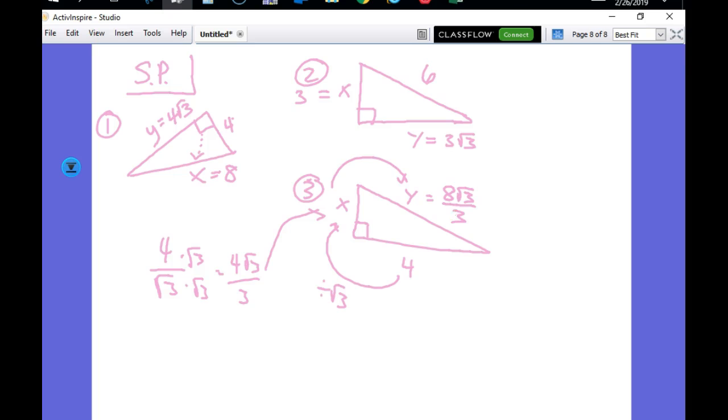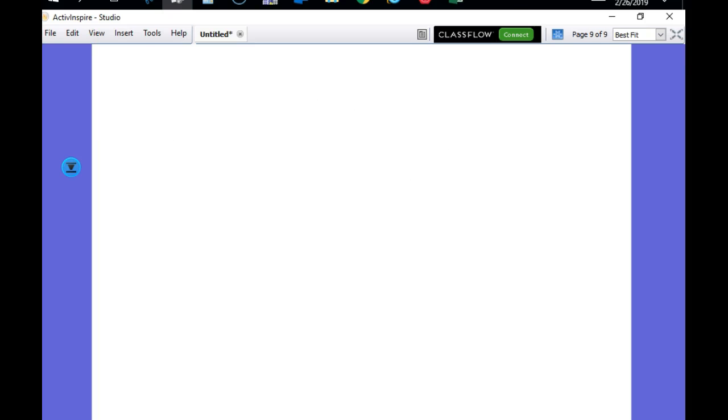All right, last one I want to throw at you guys for the day is Pythagoras Theorem. Now, Pythagoras Theorem works if you know 2 sides, and you can always find the third side.